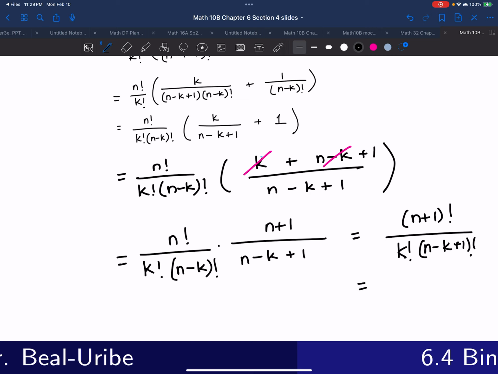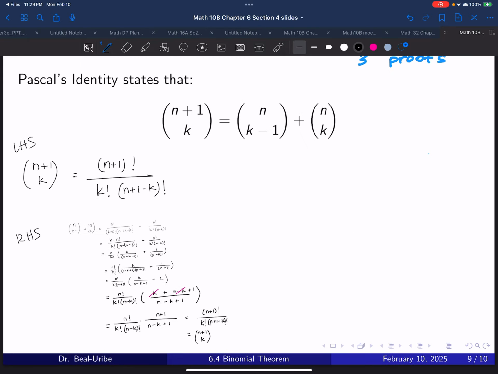But notice I can rewrite this as n plus 1 minus k factorial. And now it's easy to see that this is the same as n plus 1 choose k, which was my left-hand side.